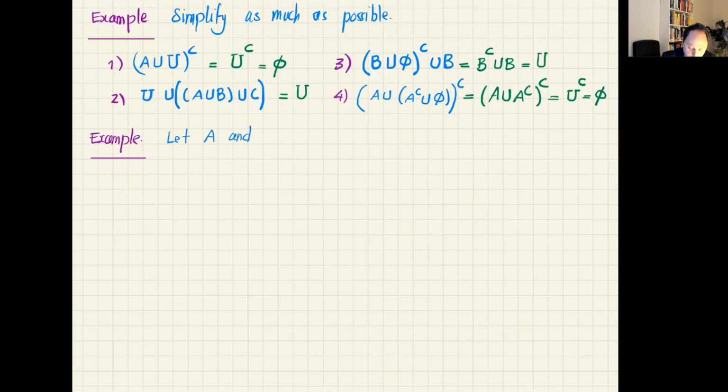Simplify this expression as much as possible: A complement union A complement union B, then complement, then union A union B complement, complement. Simplify this as much as possible.